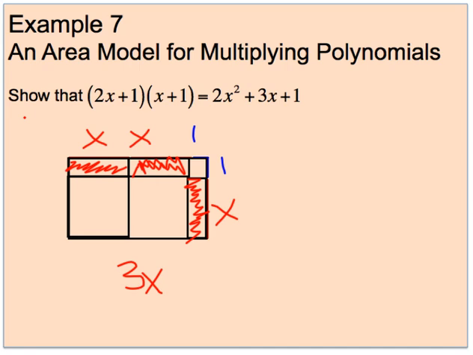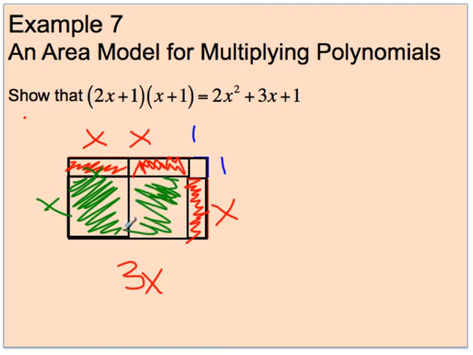Now this square right here has dimensions of x on one side and x on the other. So it's x times x, or x squared. And the same can be said of this right here. So we have two areas that have area x squared.